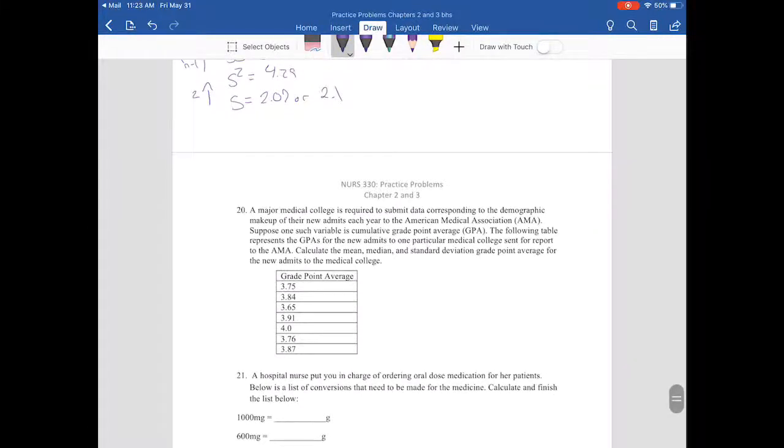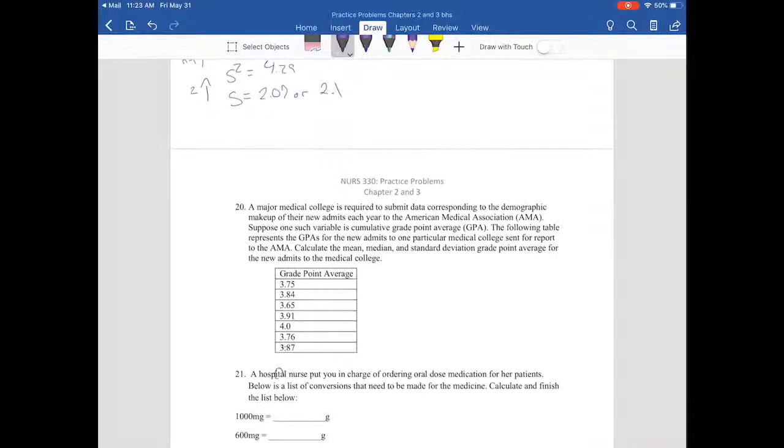So here we have number 20. Same thing, going to go through this a little quickly, because we're doing the same things we've been doing. n equals 7 here. That kind of jumped on me. Well, let me put these in order for you real quick. 3.65, 75.